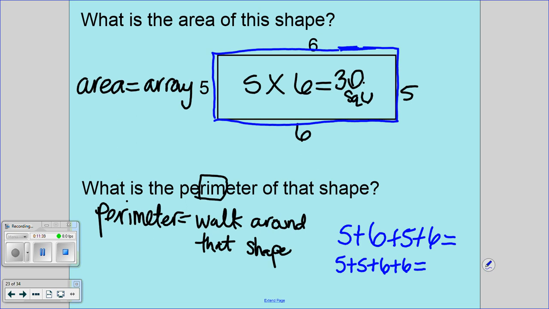Taisha, what's my total perimeter? 22. 22 what? Units. Beautiful. It's going to be just units because I didn't use the entire square in that walk around. I only used one side of that square as I went around. Lucy, what's that?